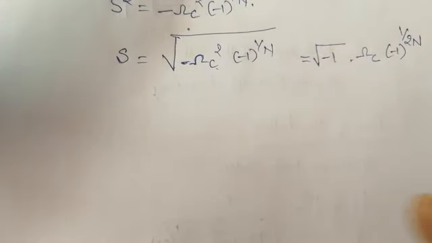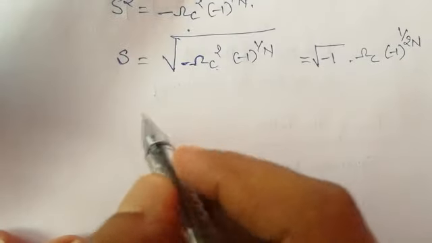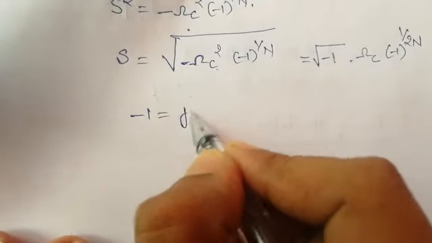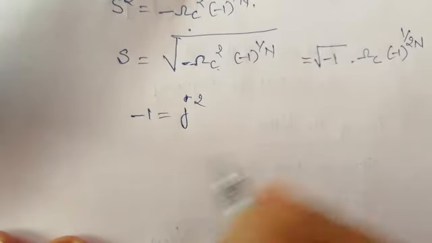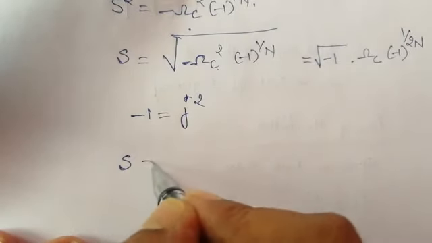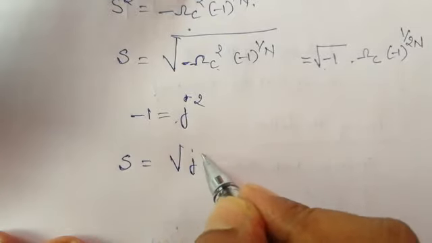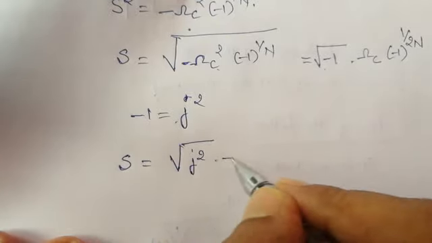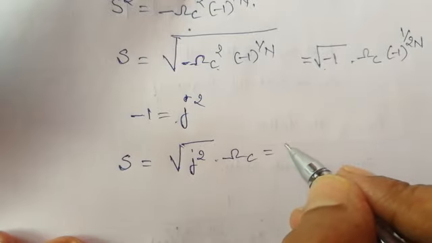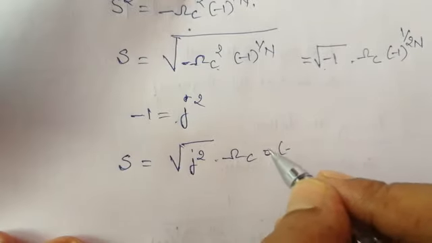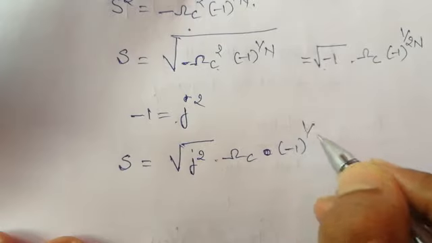We know -1 is nothing but j². So let us substitute here: s equal to the square root of j² ωc (-1)^(1/2n).